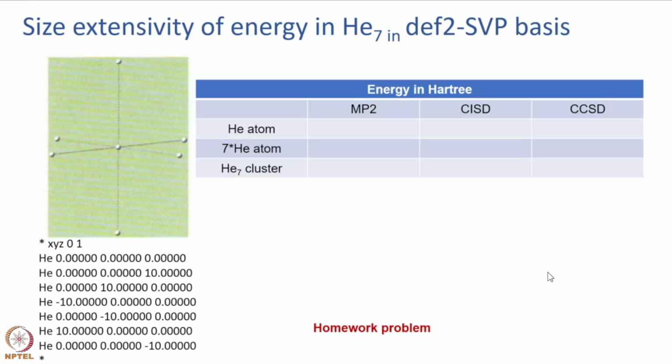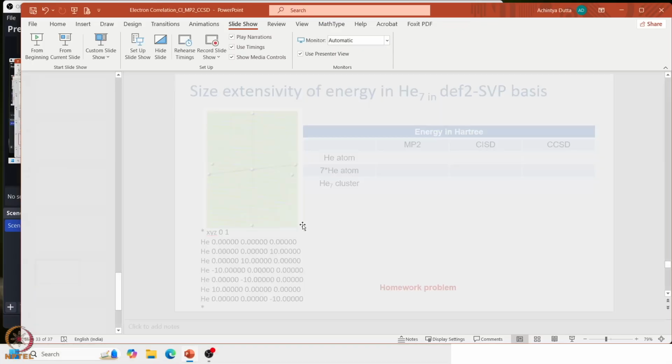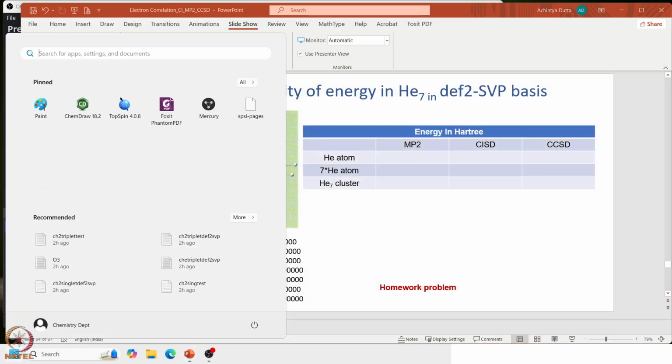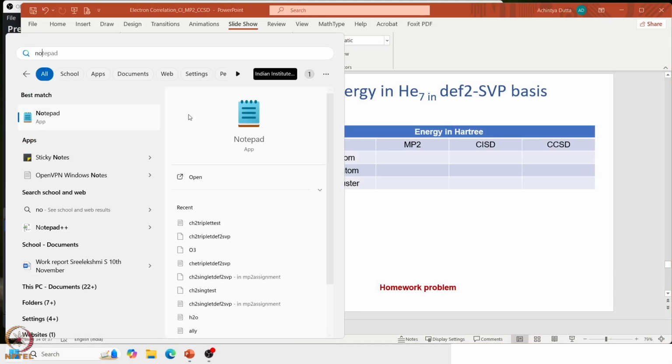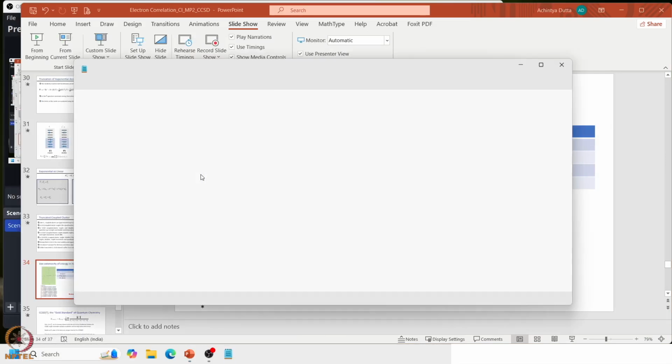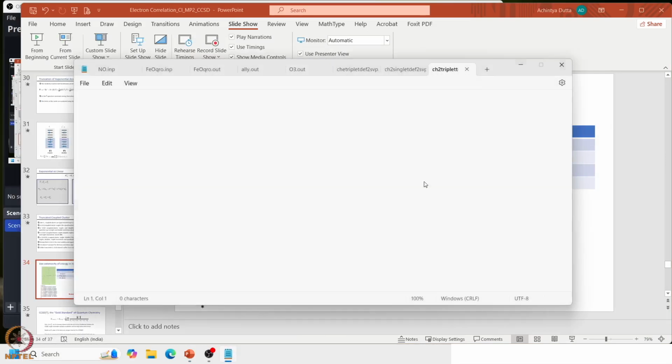So it will be a good idea at this point to do a calculation on a helium atom, and maybe I will be able to show you how to read the output file. So let us go to this one. Let me open Notepad. In ORCA, the line starts with an exclamation mark.